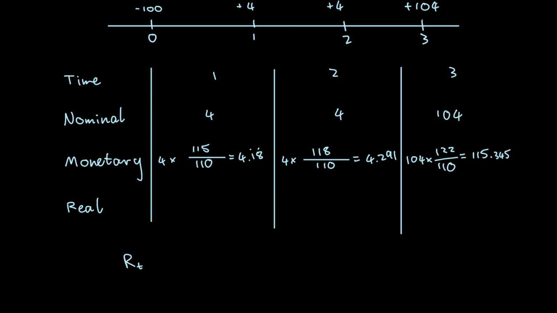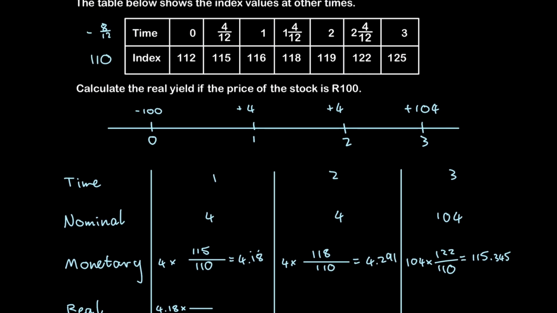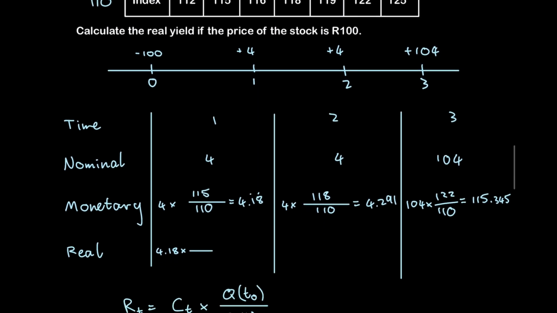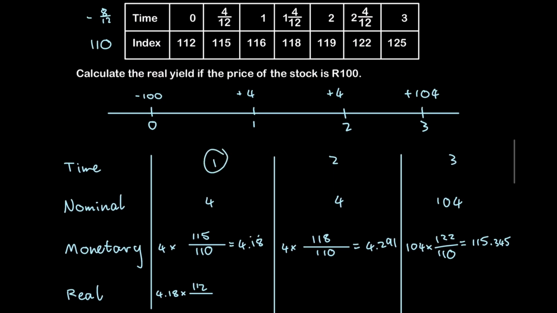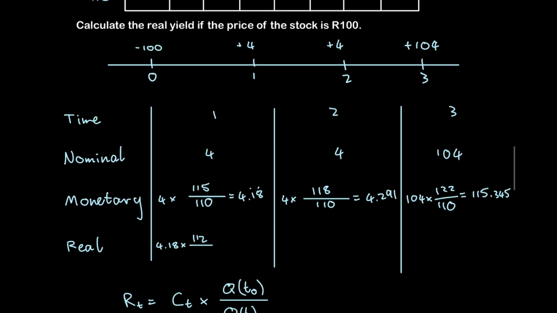So your real values are then your monetary values multiplied by, so we divide by where we are coming from, so that's Q of T, and we multiply by where we are going, which is Q of T naught, or the index at your purchase date. So here we take 4.18 and we multiply that by, so Q of T naught is going to be the same as Q of naught, which is 112, and Q of T is Q of 1, which is the index corresponding to this time point, which is 116.